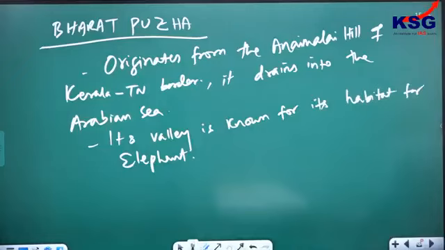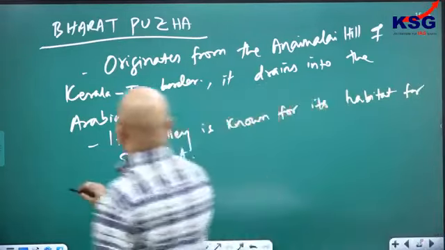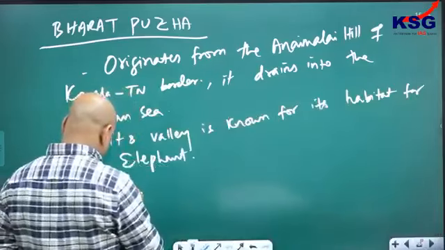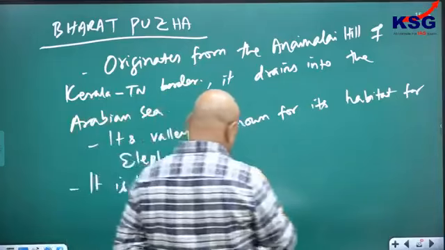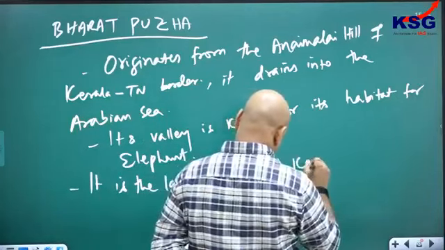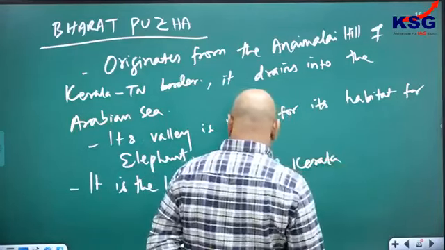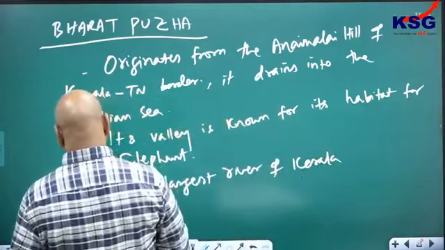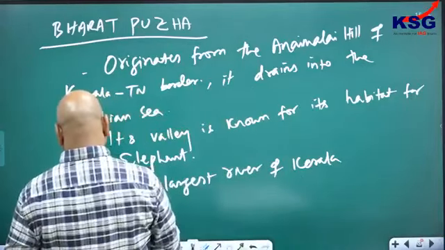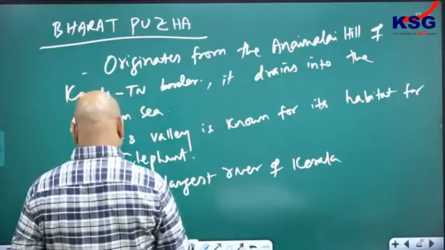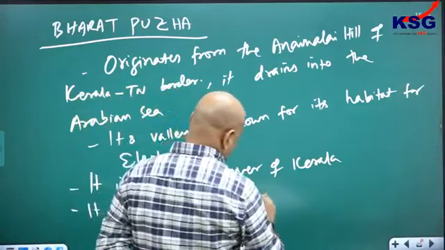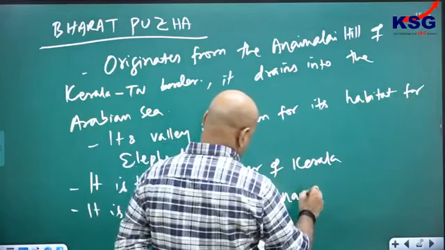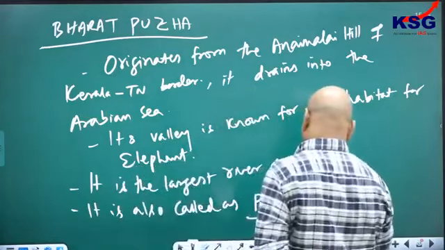In fact, Bharatpuzha river, you remember the amount of water it drains is more. It is the largest river of Kerala. Also called Ponnani, Ponnani river.